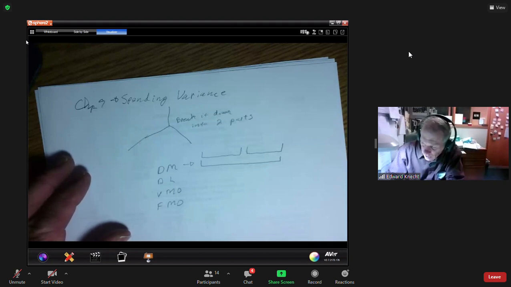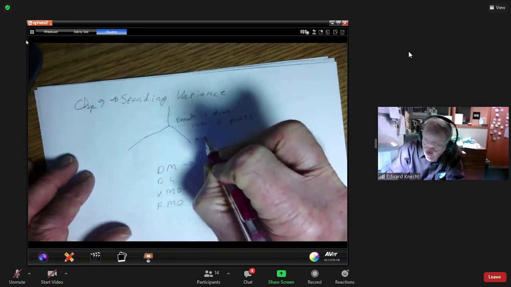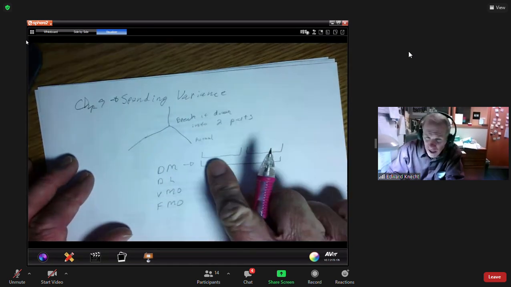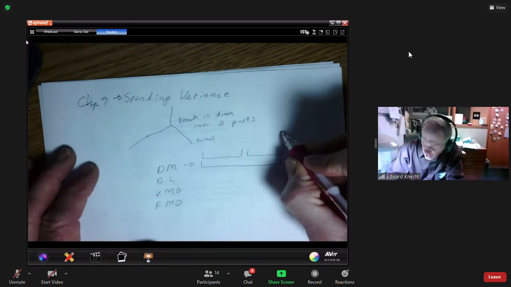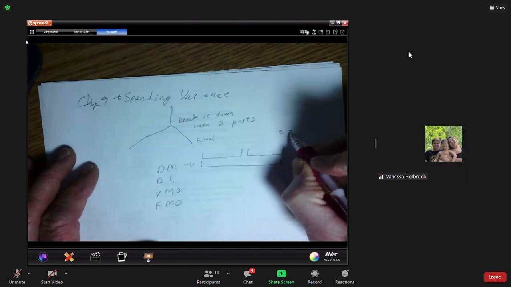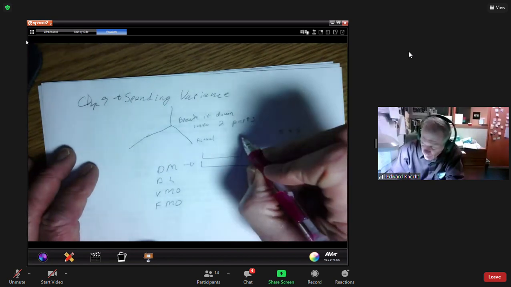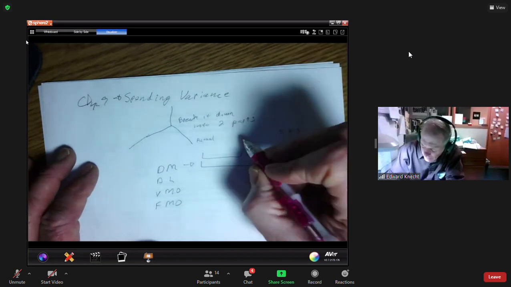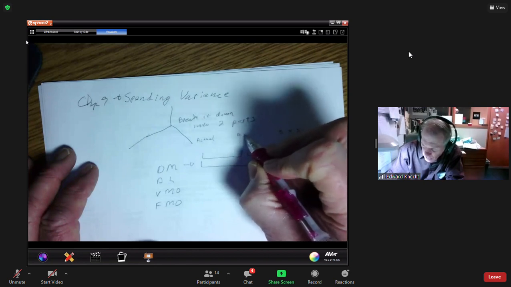But I like the diagram because all the way to the left is actual results. Put this down in your notes. You'll be ahead of the game. This is standard times standard. This is actual amounts. In the middle, we have our actual times standard.